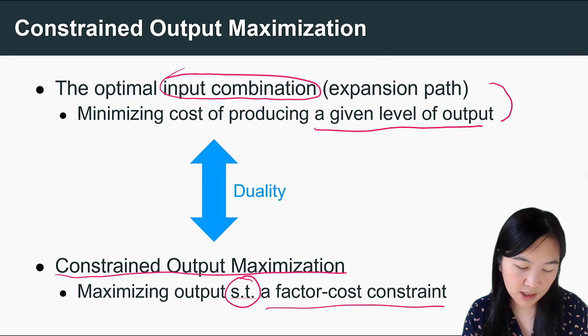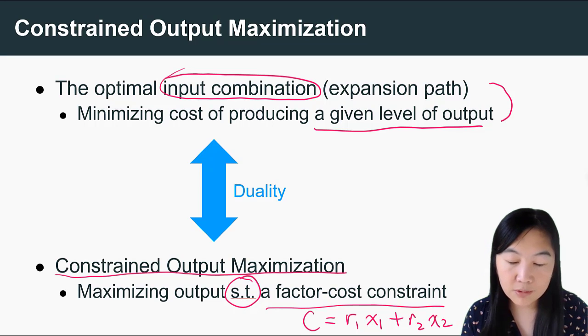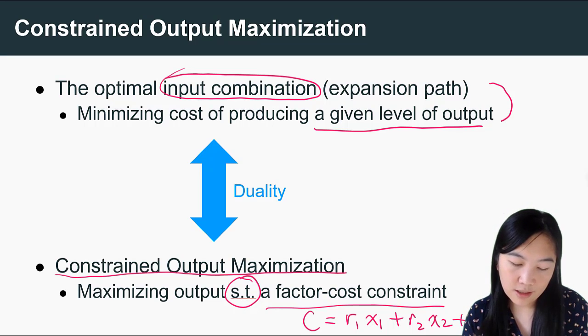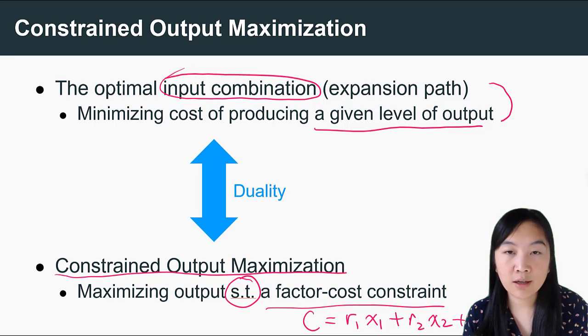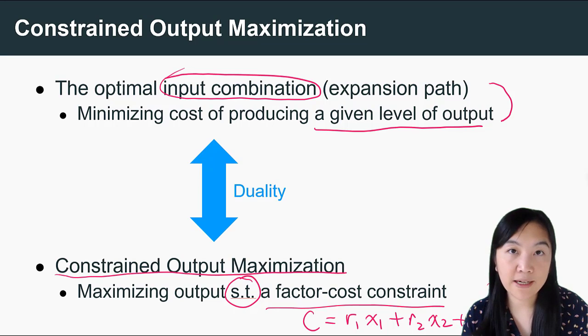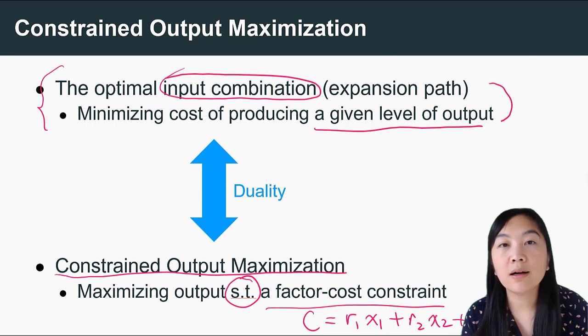What does that mean? That means your cost is your input price times the quantity of one input, plus the input price times the other input, and you can also add the fixed cost if there's any. If you solve this output maximization problem, you will get exactly the same answer as if you were solving the cost minimization problem. So that is the duality relationship here.